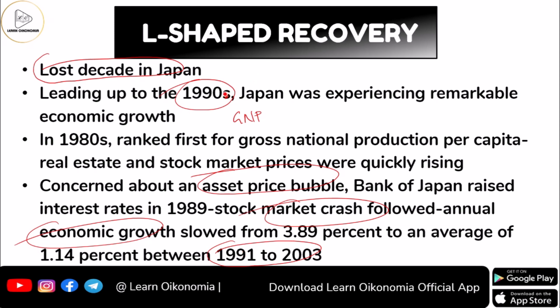During the initial phase of 1990 there was not that much problem, but it all started in 1989. The shock was felt towards the end of 1990, and from 1991 to 2003, the Japanese economy had an L-shaped kind of recovery.